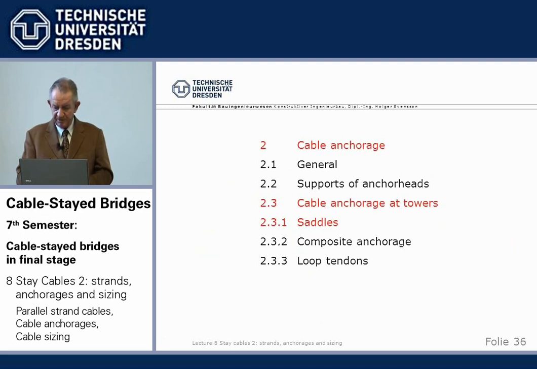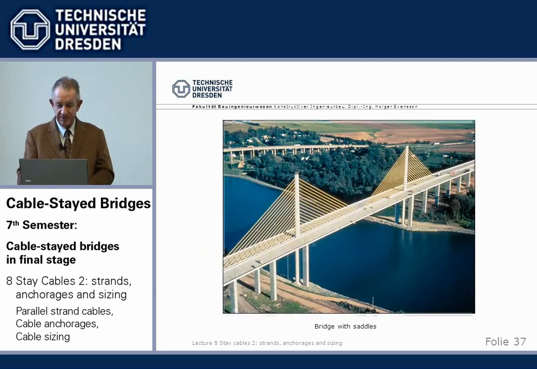Now, I wanted to have a word on the cable anchorage at towers, because that is more varied than at the beam. At the beam it's normally always the same.